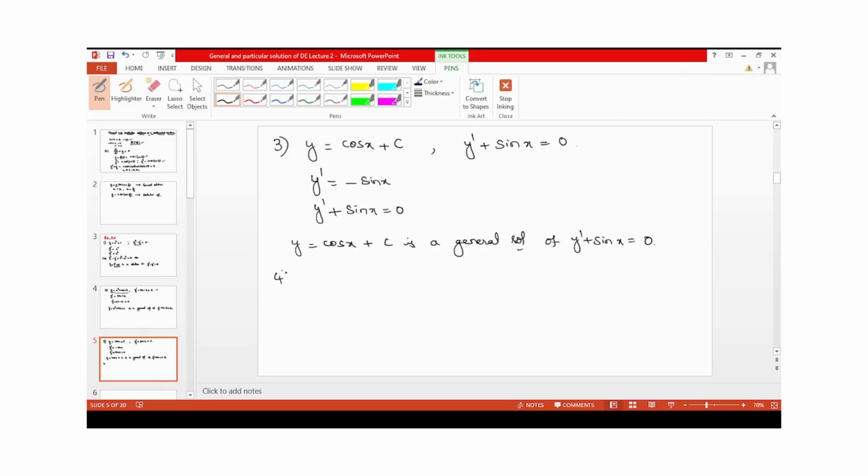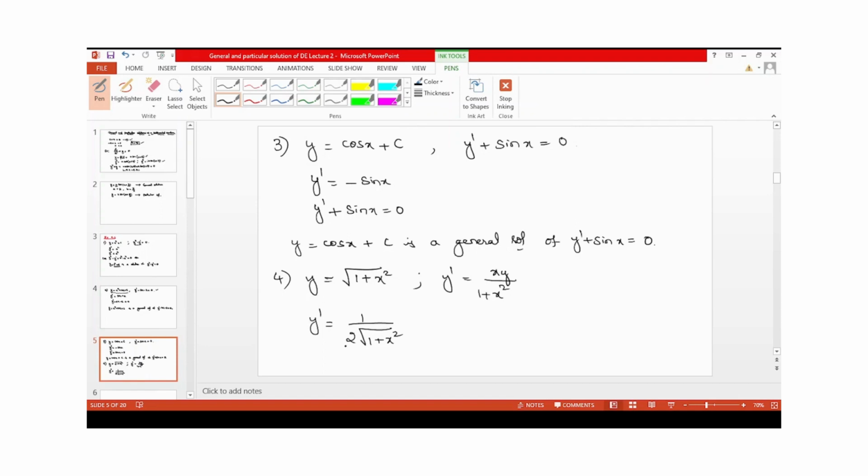The next, fourth one, y equal to root 1 plus x square, and the differential equation is given as y dash is equal to xy by 1 plus x square. Here again, I need to find out y dash directly. So the derivative of this one is 1 by 2 into root of 1 plus x square, because it is in the form of root x first of all.